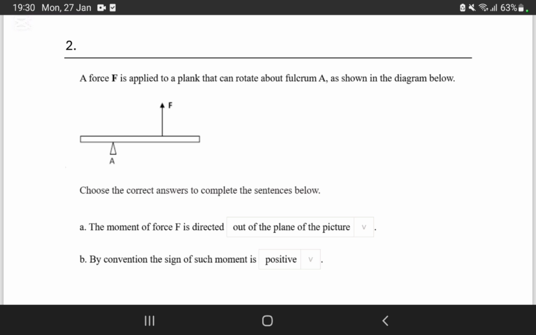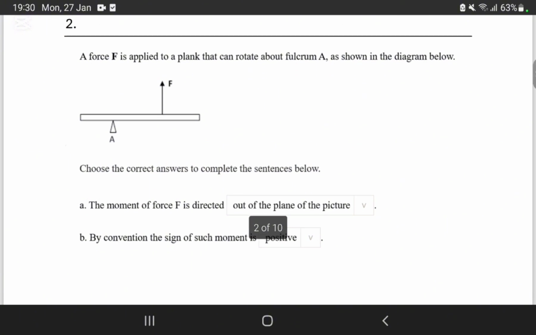We put our right hand on the fulcrum or the pivot.